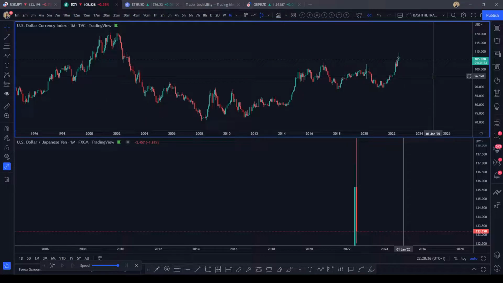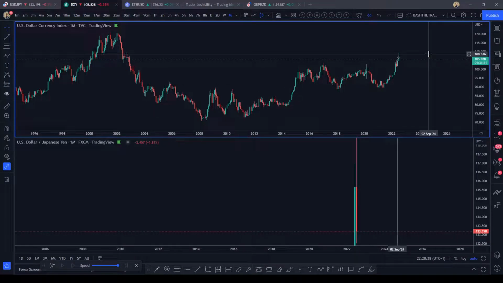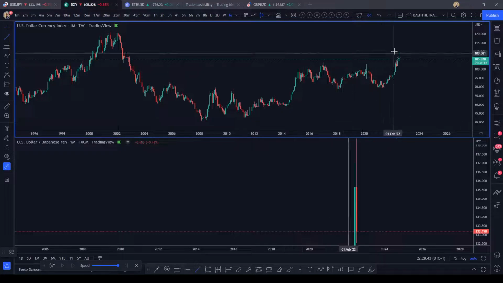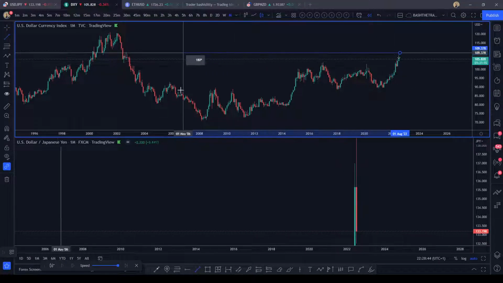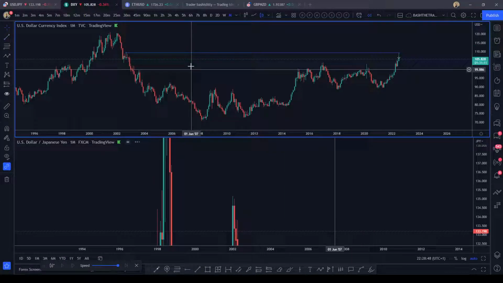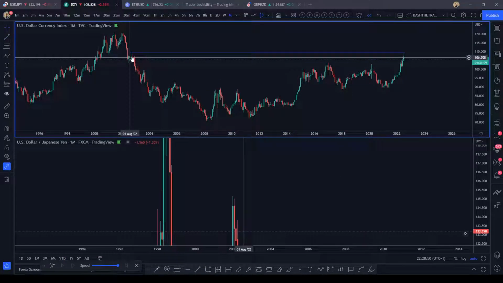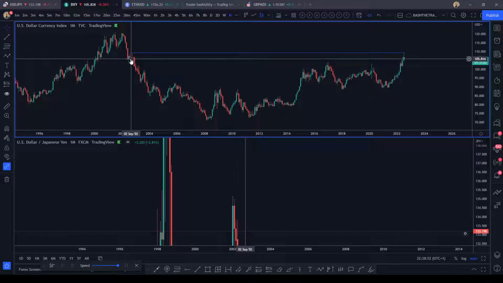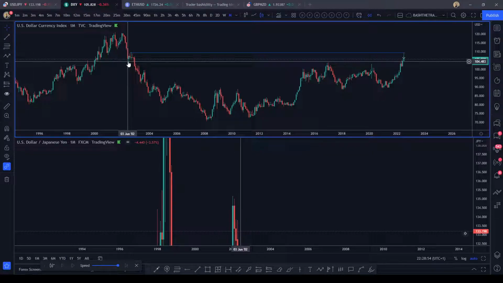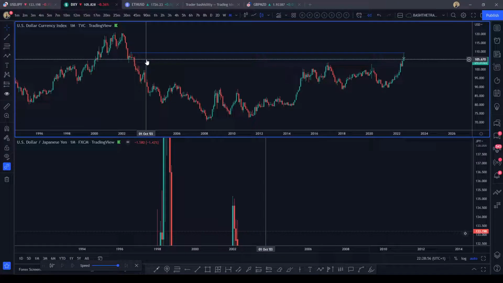Good. So if you look at the monthly time frame here on the DXY, what we can see is that there is a resistance of price here, right? And this is on the monthly.